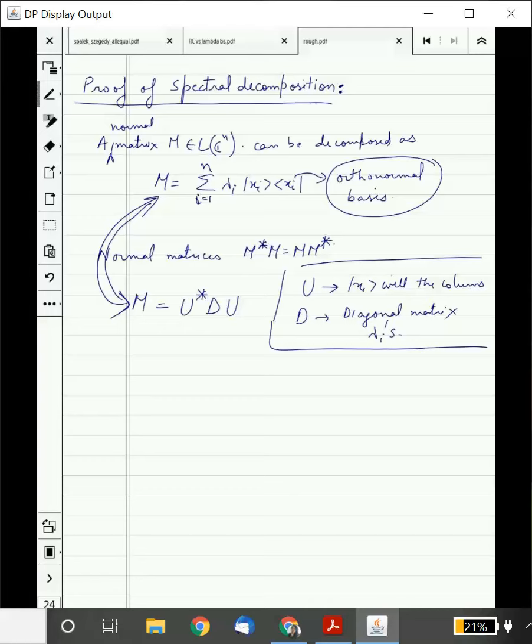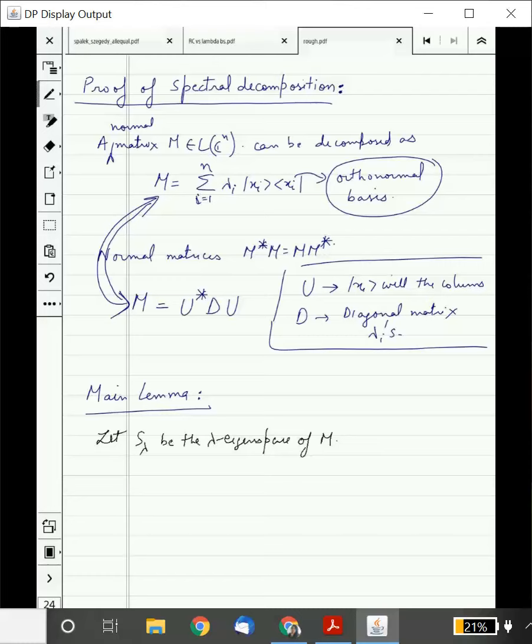The main lemma which is needed to prove spectral decomposition actually talks about the action of a normal matrix on an eigenspace. Let me first intuitively describe the main lemma, then we will prove it. Let S lambda be the lambda eigenspace of M. You remember the definition of eigenspace?